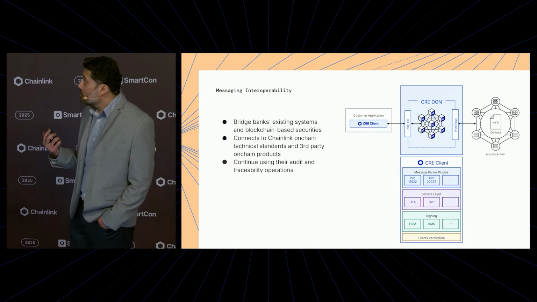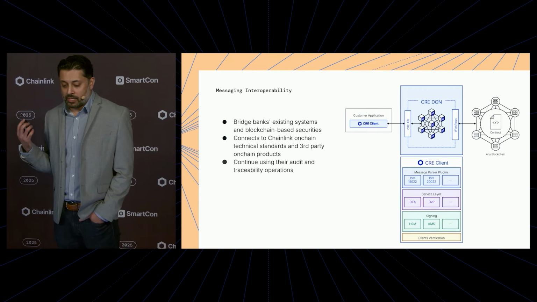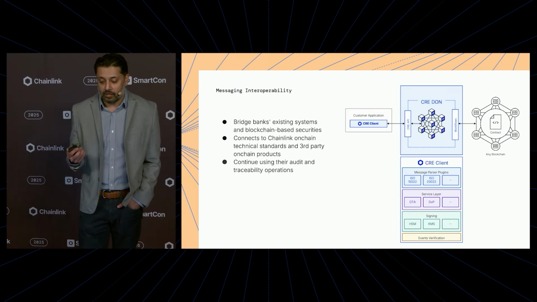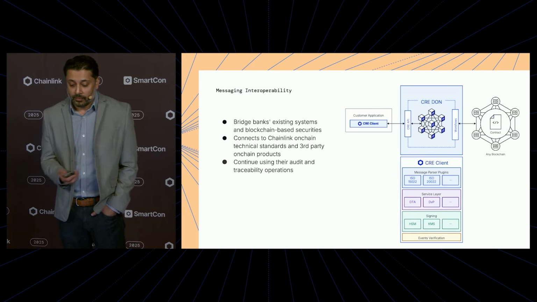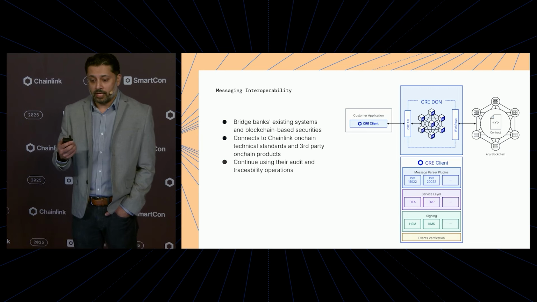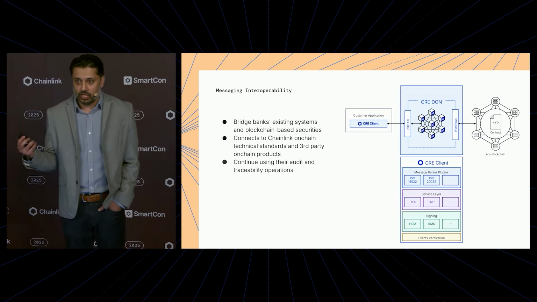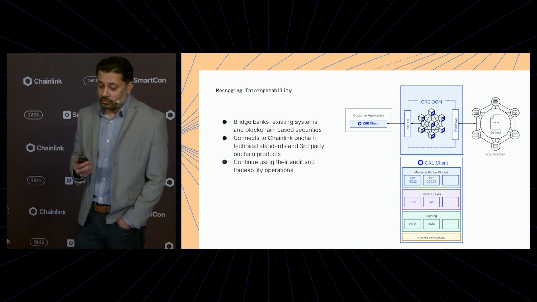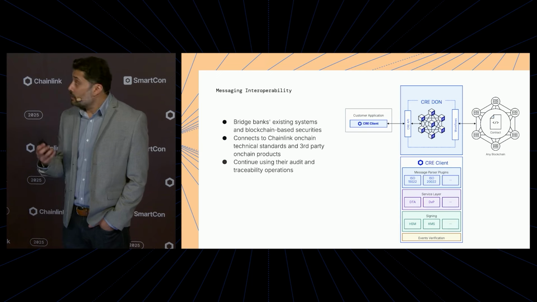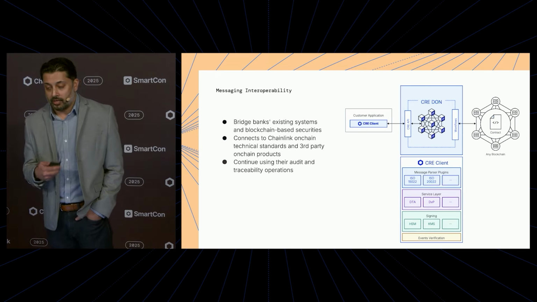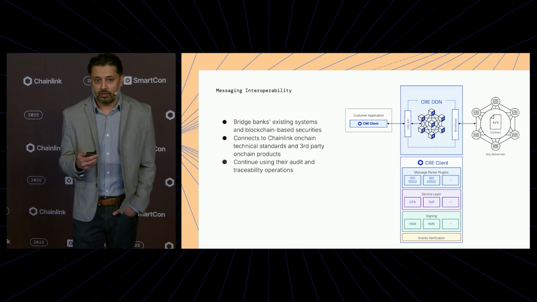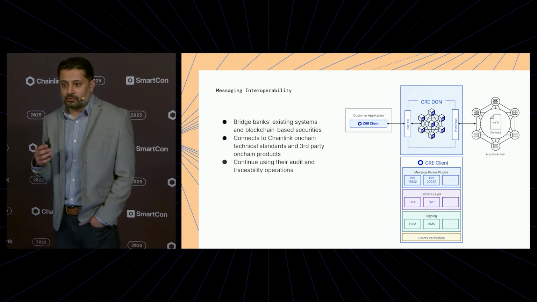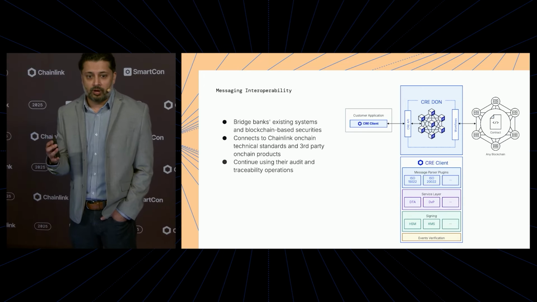So in this example, we're showing a CRE client that's inside of the customer application. It is acting on behalf of the customer application and talking to CRE. This allows you to have the customer application not only talk to CRE and Chainlink's on-chain standards, but it actually allows you to talk to third-party on-chain products. And it allows you to continue using the audit and traceability operations that exist within the organization. So I'm going to go through a quick example of what this is like. We're going to show an example distributor application.